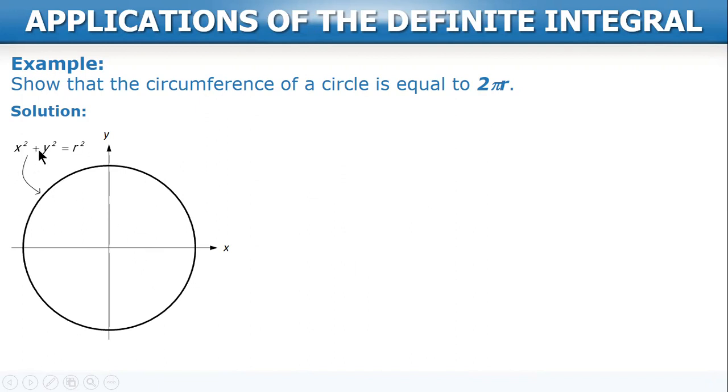The equation is x squared plus y squared equal to r squared. Now, to get the circumference of a circle, here's a suggestion. Instead of getting the whole circumference, we can just get the length of a quarter arc.